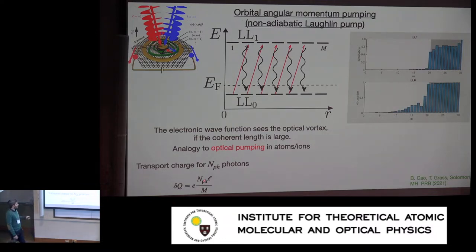So how many photons do I need? Each photon will impart angular momentum l, and the maximum angular momentum that I have in the system is m. So I need to impart m angular momenta such that I go from the inner edge to the outer edge. Then the power of my laser is given by the frequency of these photons, the number of photons, and the duration of their exposure, and that will give me a current.